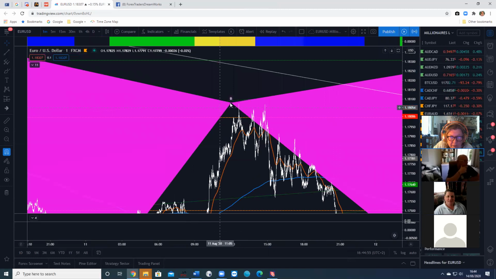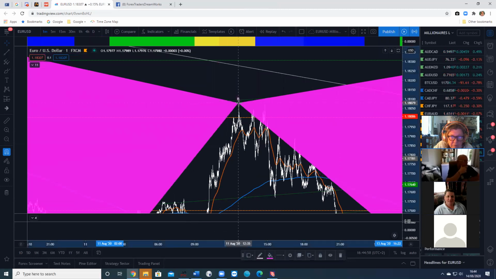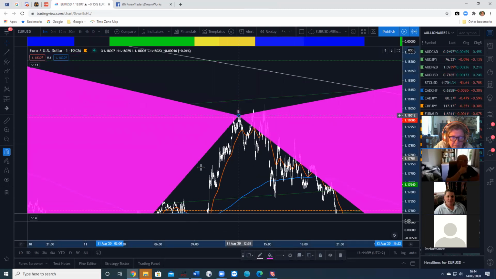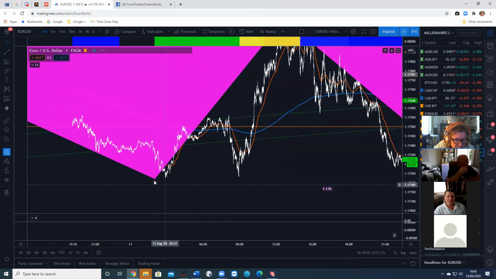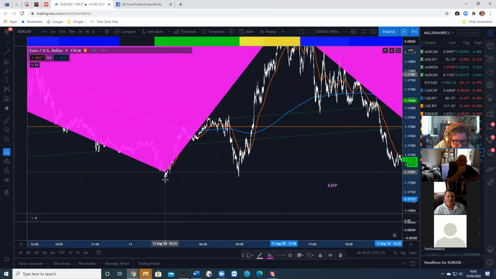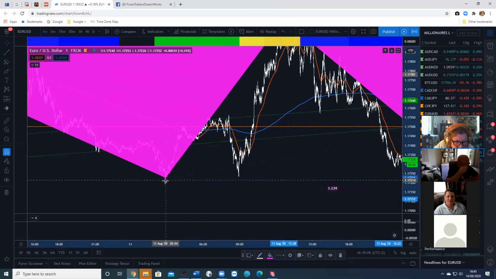Always worth checking what you're doing, because for some reason I must have not had it locked on, and maybe it was when I redrew the, I don't know whether I redrew a D point or what, but on this one something's gone wrong.